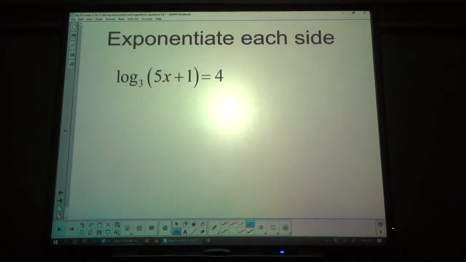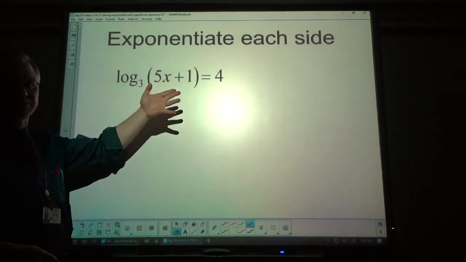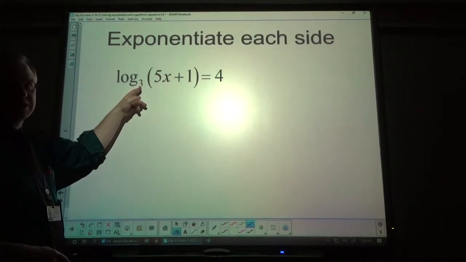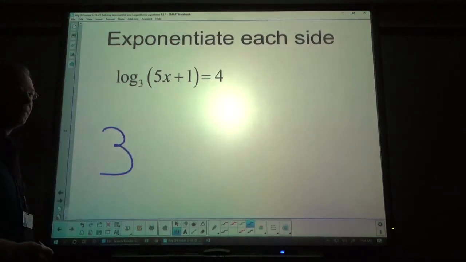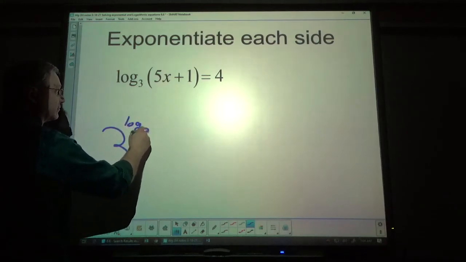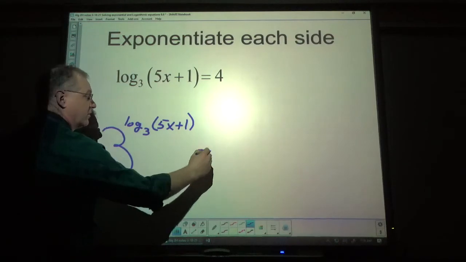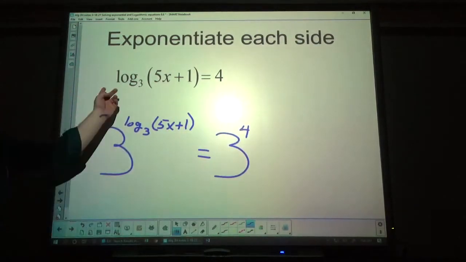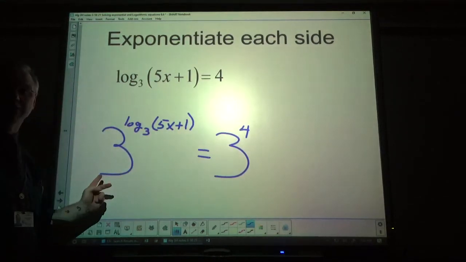Well, this is the reverse of that. I've got two things that are equal, and I'm going to say that they're the power, and I'm going to use whatever the base of the log is as my base. So I'm going to write a big 3, that's the base of this, log base 3 of 5x plus 1 equals big 3, and this is going to be the power. So these two become the powers, and this is the base of the power on both sides.